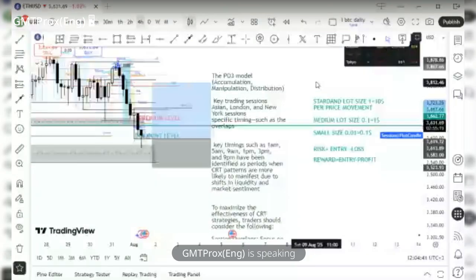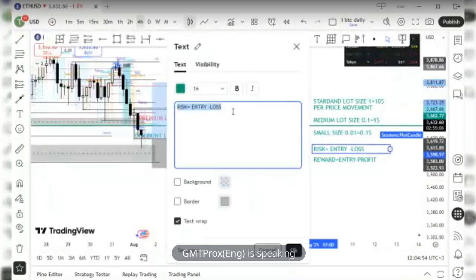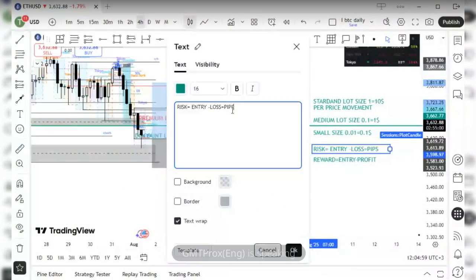So risk, you take entry minus stop loss, you get the number of pips. Reward, entry minus profit target, you get the number of pips. Same here, it is equal to pips.